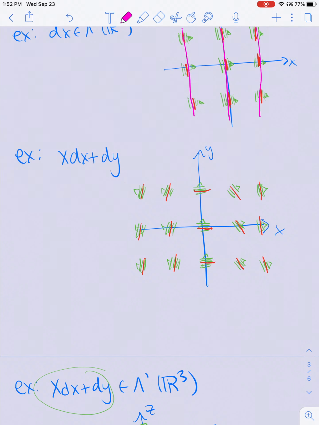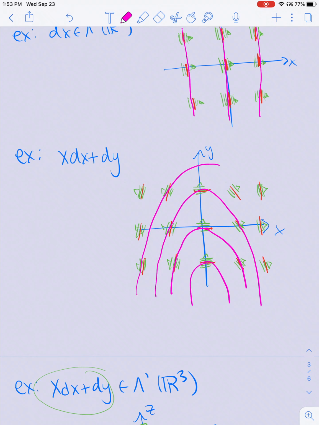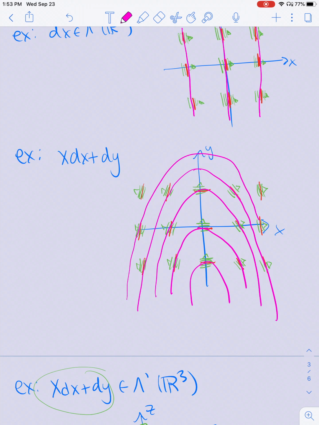So maybe my visualization will look something like this. And I can keep drawing these curves forever. So this maybe helps me see a little bit better what's actually going on.